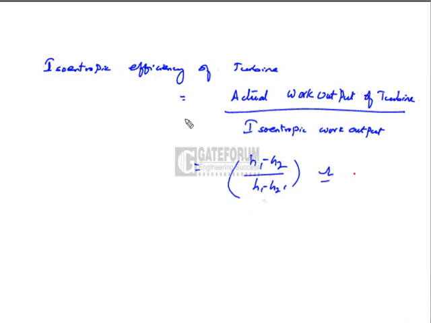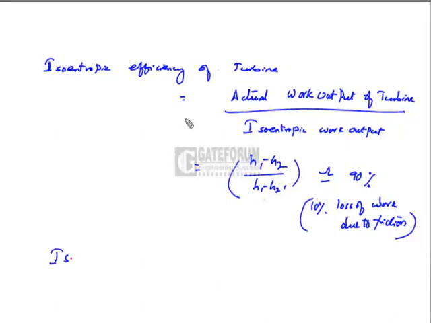This will be in the range of around 90%, that is 10% loss of work due to internal irreversibilities, friction.